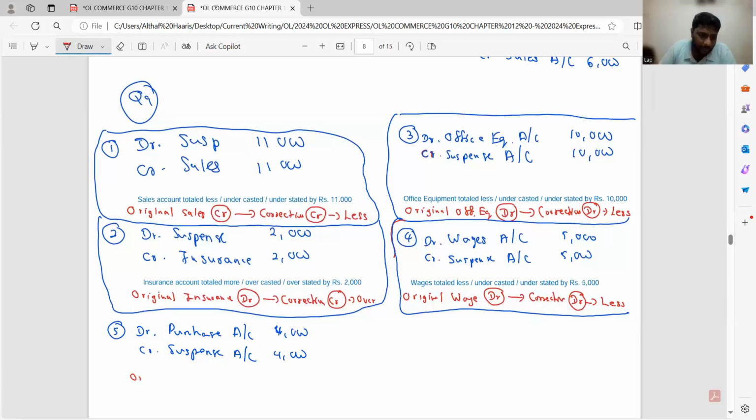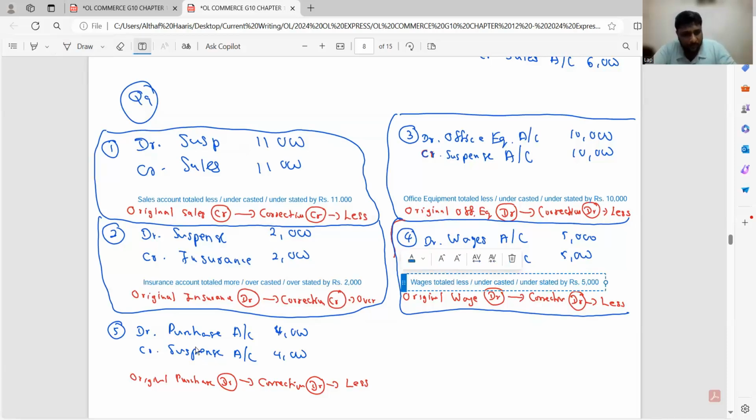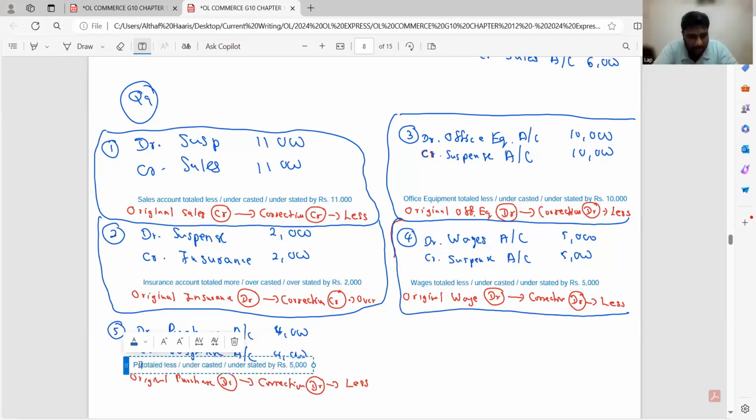So originally, purchase is debit. Correction also, for the purchase you have done it in the debit. That means it is less. Purchases total less by 4,000.